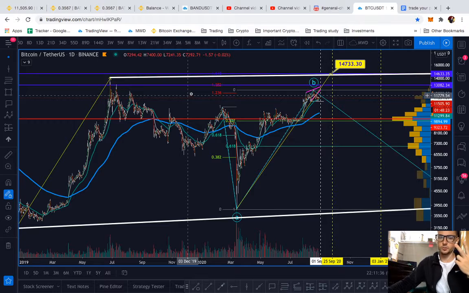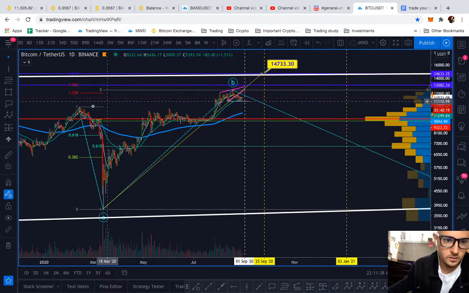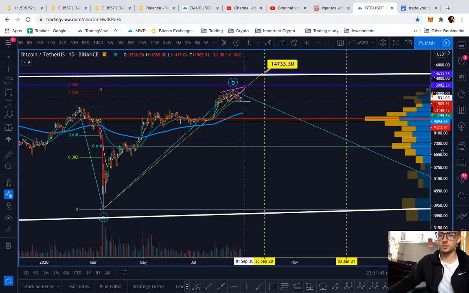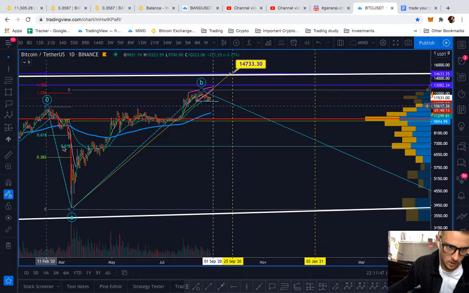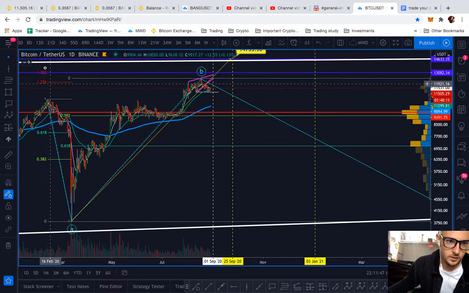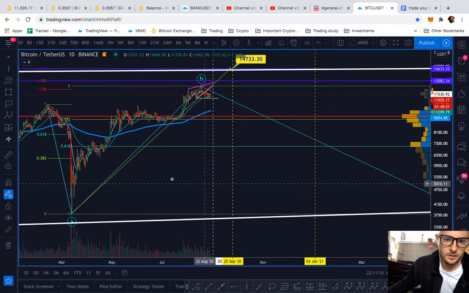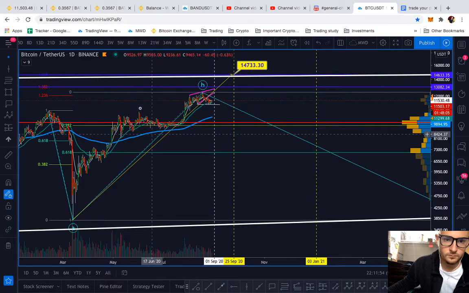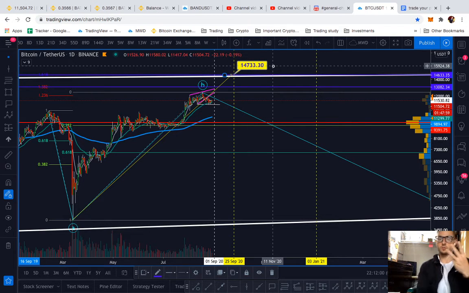That's two reasons. The third reason is the 1.618 of this Fibonacci retracement from top to bottom. You get the 61.8. That's another reason, and the price of that is right around the same price. So that's 3 reasons.